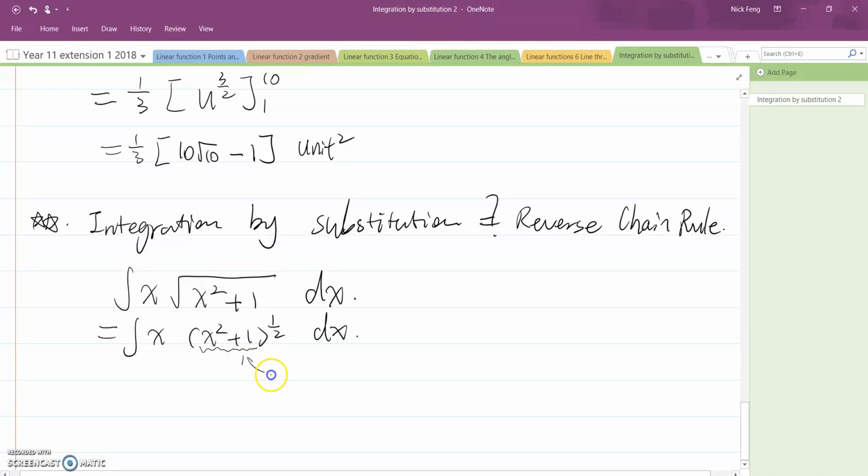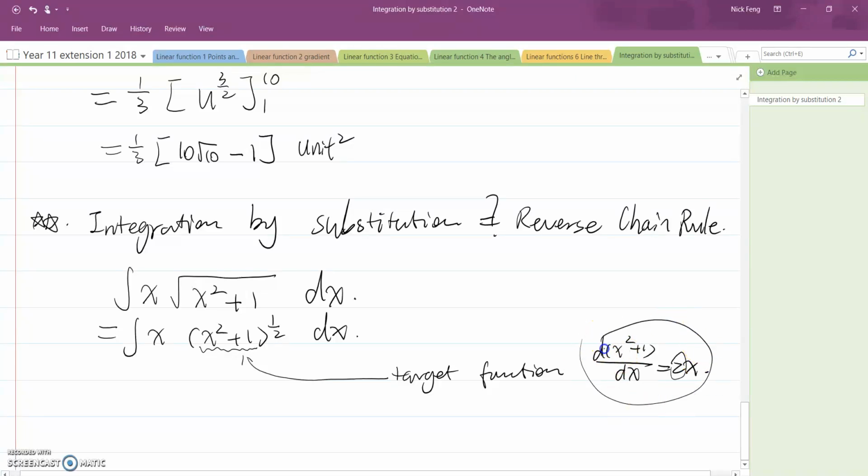because the derivative of this function is 2x. Now, disregard the constant. Basically, I need a variable x. That's what I call the component. So this is the component.